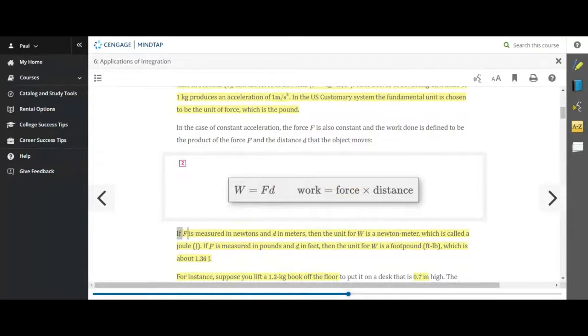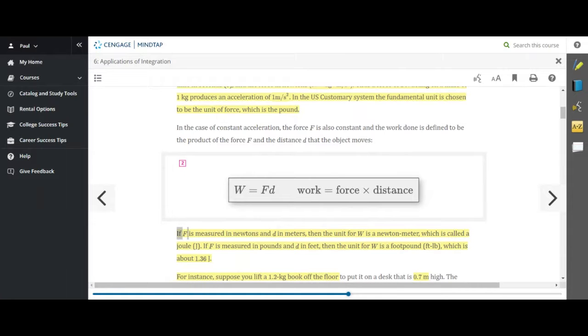Work is equal to force times distance. How many recall that definition? Work equals force times distance. Okay, good. High school, Taj remembers that. Mario, Nathaniel remembers that, and Ange.